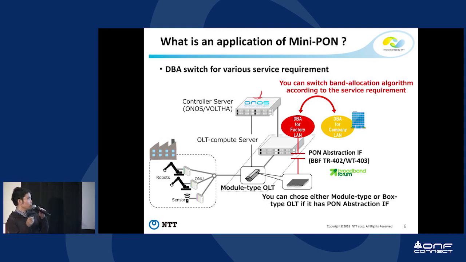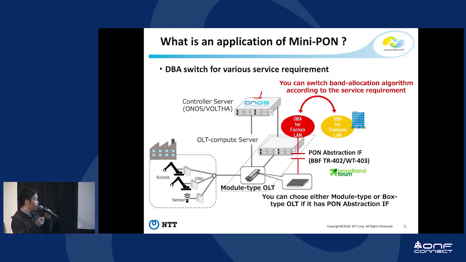Let's say you can use the dynamic bandwidth allocation algorithm specialized for low latency when you want to deploy the Mini-PON in the factory. On the other hand, you can use the bandwidth allocation algorithm specialized for bandwidth utilization if you want to deploy this system in the company LAN.